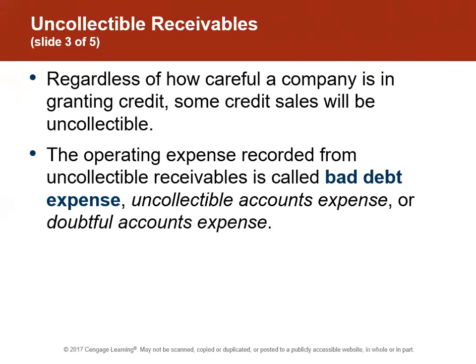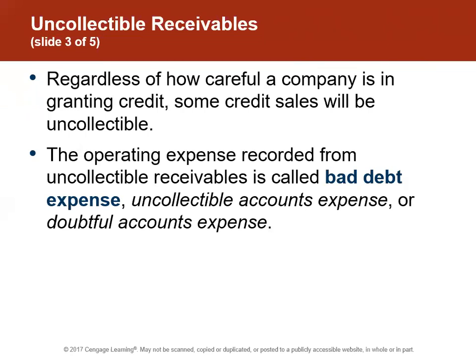If you remember, our basic accounting equation is assets equal liabilities plus stockholders' equity. So expenses decrease equity. Equity is the money we have. If we took all the assets in our company and paid off all of our liabilities or all of our debts, equity is what's left over. You can think of equity as the net worth of the company.